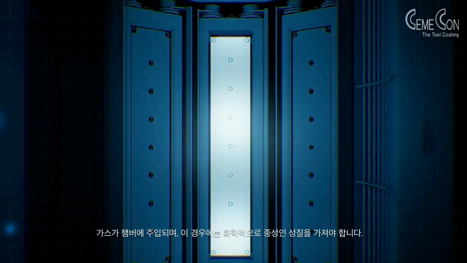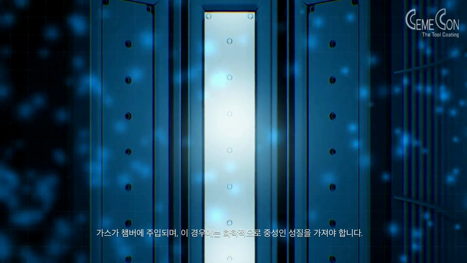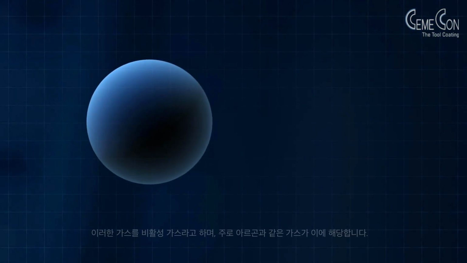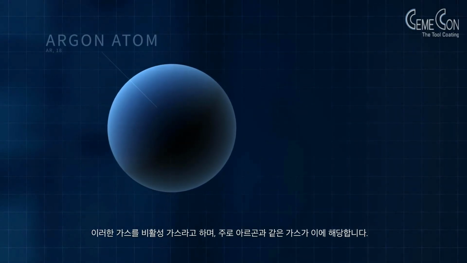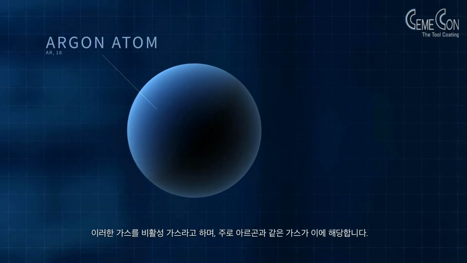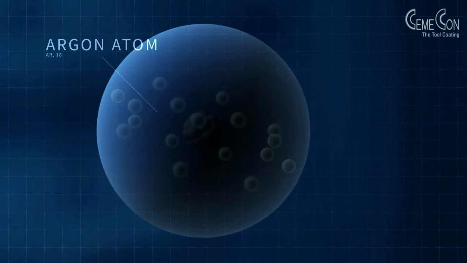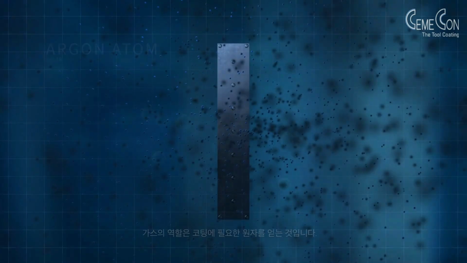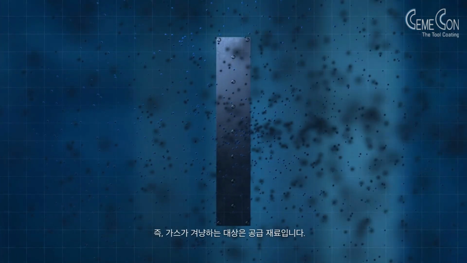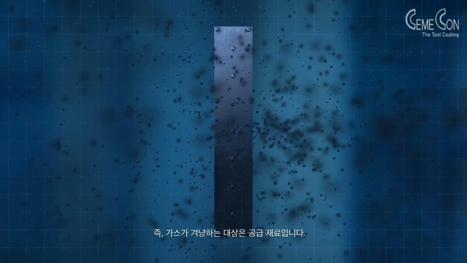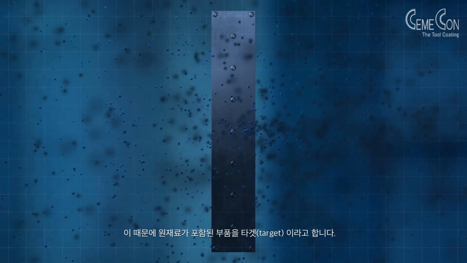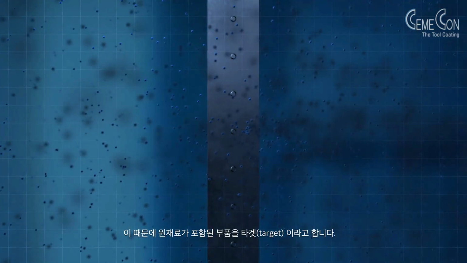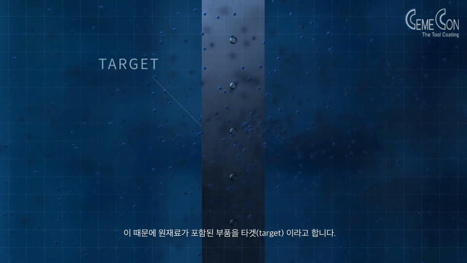Gas is introduced into the chamber, which, in this case, should behave in a chemically neutral manner. Such gases are called inert gases, which are mainly noble gases, such as argon. The task of the gas is to obtain the desired atoms for the coating. Its goal is therefore the donor material. This is why the components with the donor materials are also called targets.